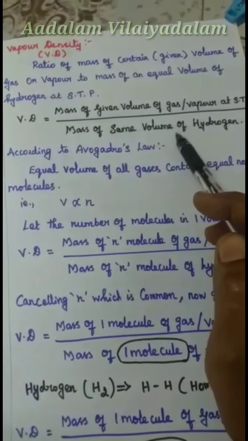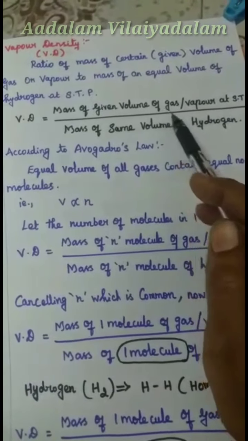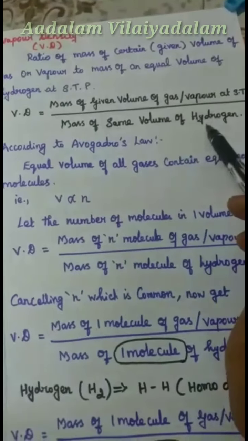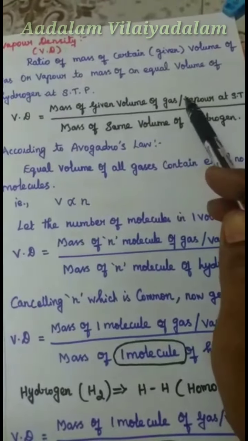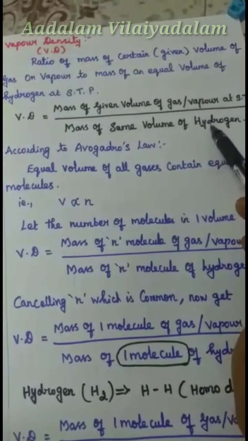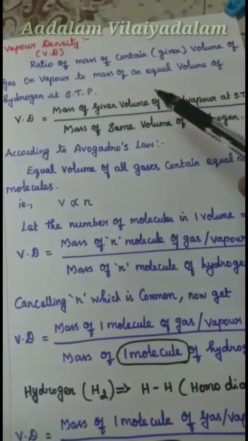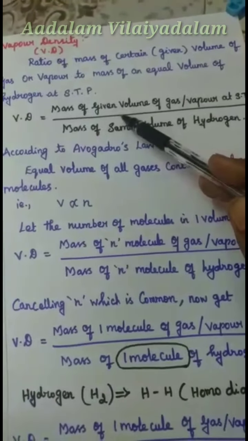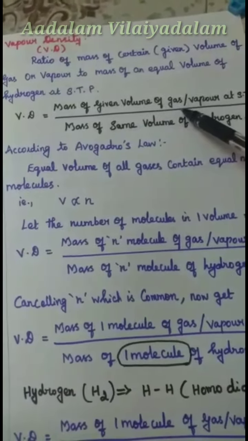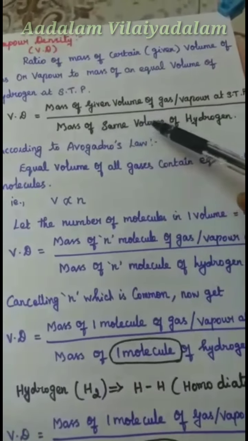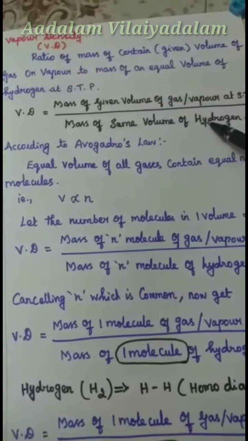Why do we compare this gas volume to hydrogen volume? Because hydrogen is the lightest gas. So, we compare this value to hydrogen gas. Now, the vapor density is the ratio between the mass of a given volume of gas or vapor at standard temperature and pressure to the mass of the same volume of hydrogen.